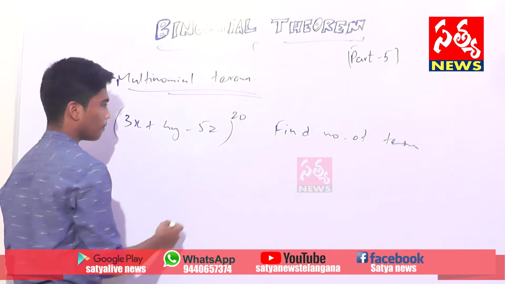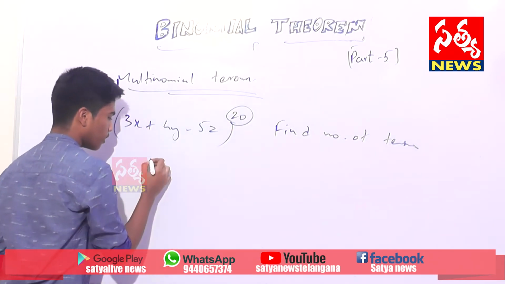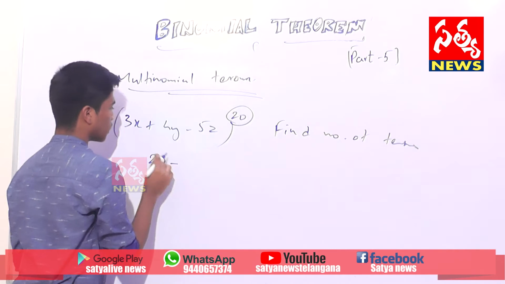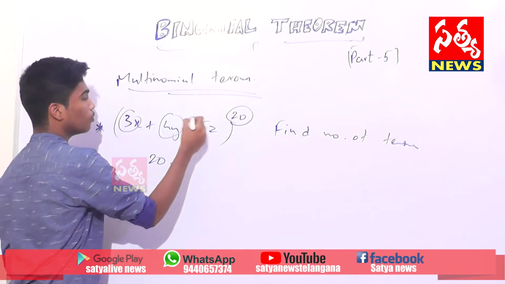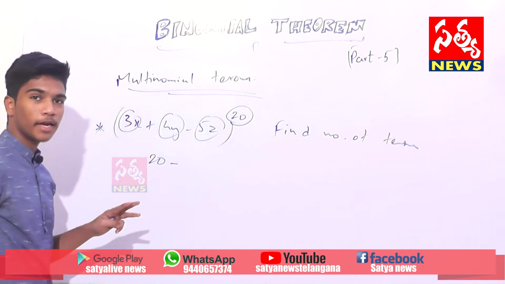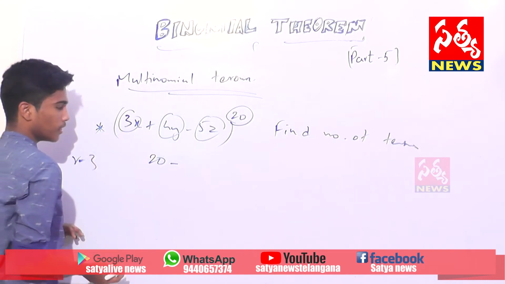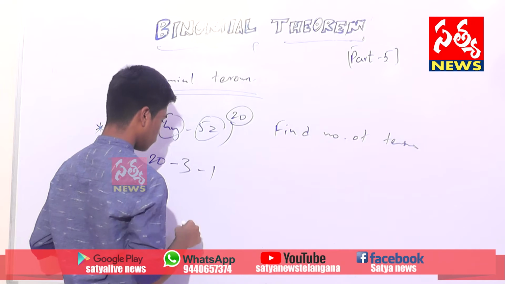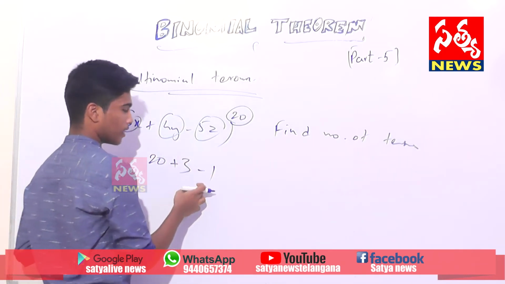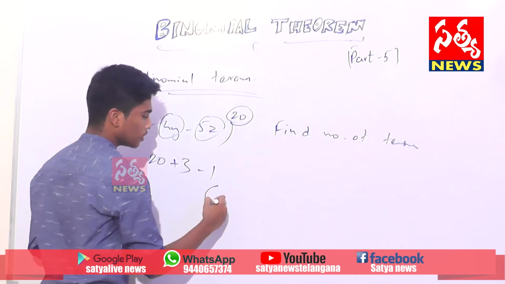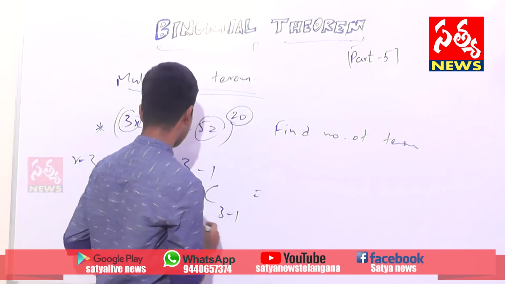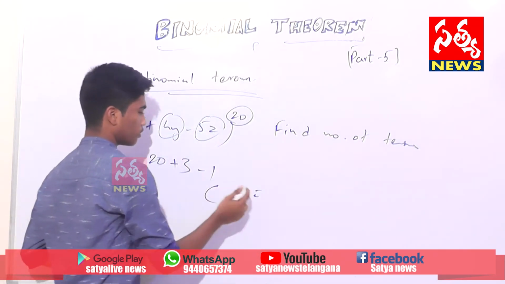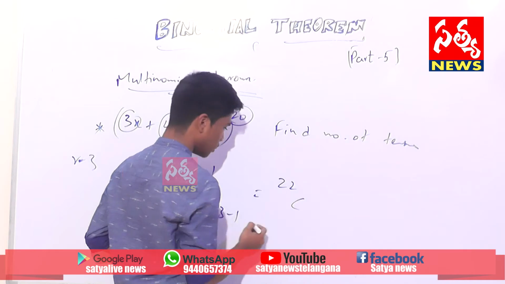Now use the formula. n is 20 here. There are 3 terms in the bracket, so the value of r is 3. n plus r minus 1, C r minus 1: 20 plus 3 minus 1, which is 22 C 2.